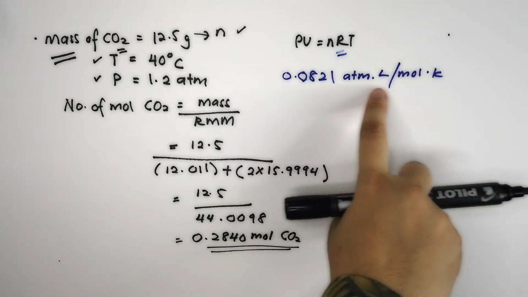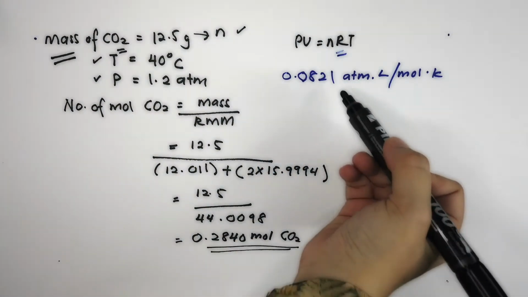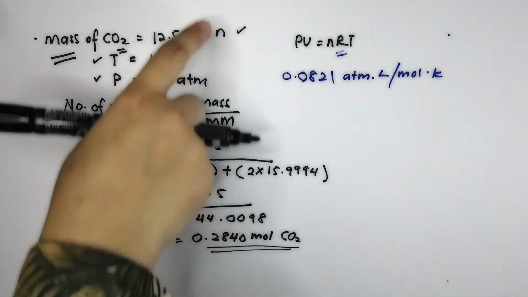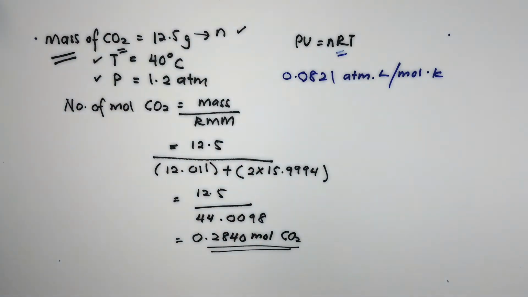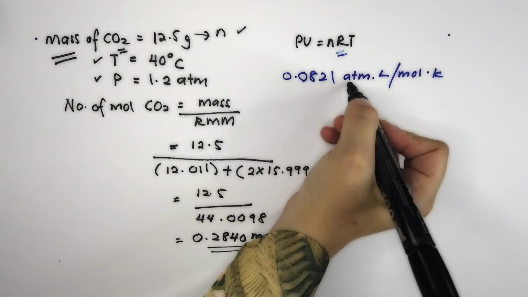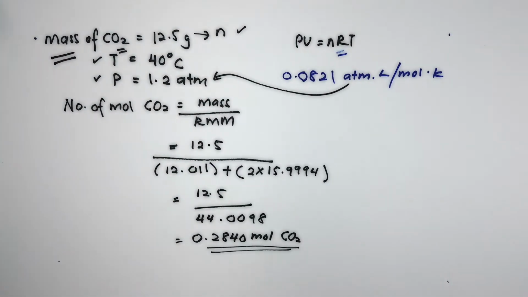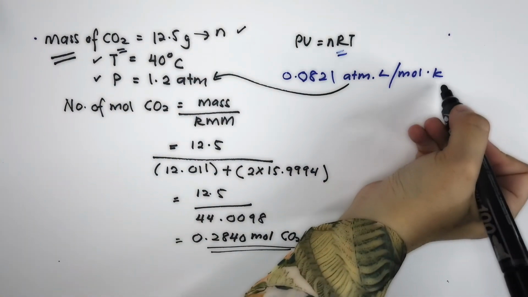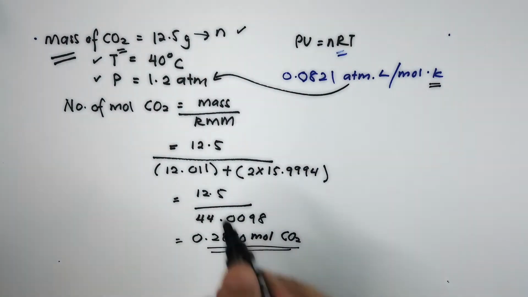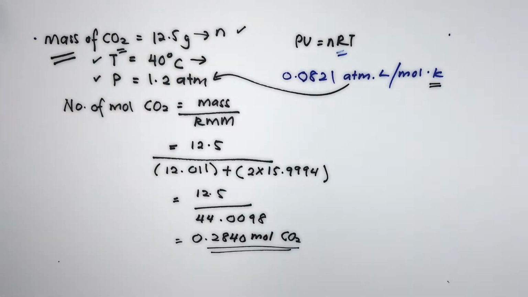From the unit of the R, you need to check again the unit of the given values from the question. So the pressure shall be in atm, so that's okay, and the temperature should be in Kelvin. So you need to make sure that this 40 degrees Celsius should be converted to Kelvin instead of using it as degrees Celsius. So we are going to plug in the value.